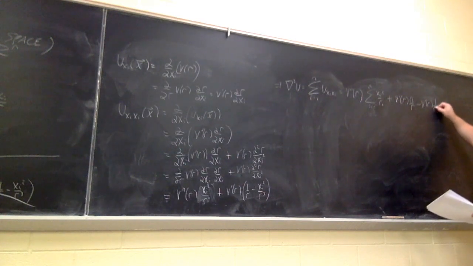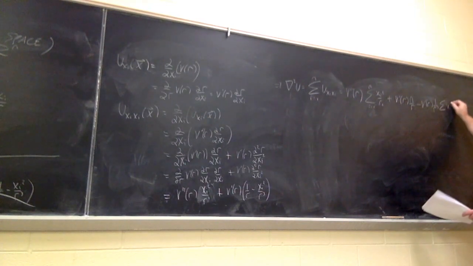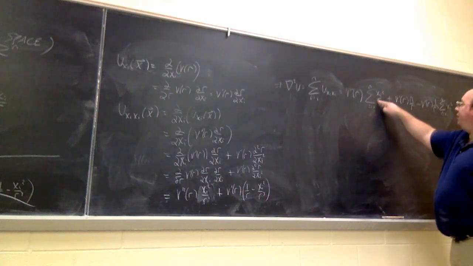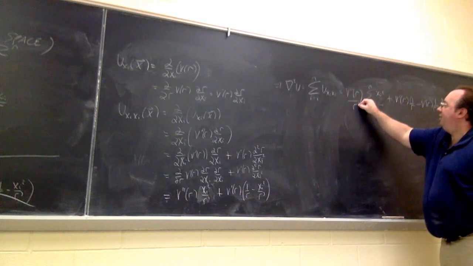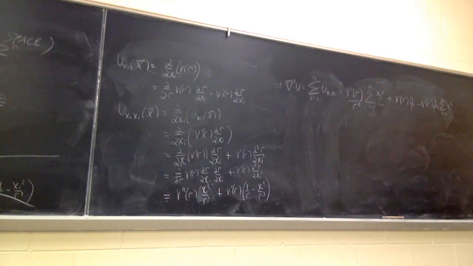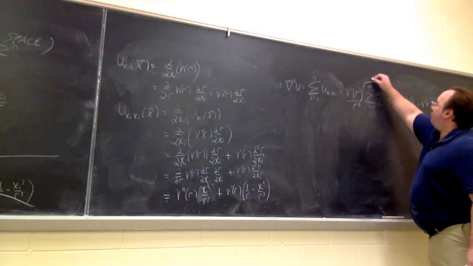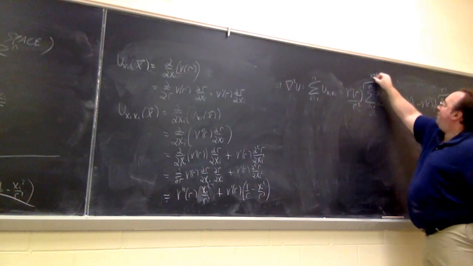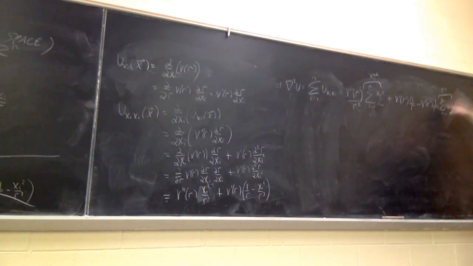I'm going to factor out the 1 over r cubed sum xi squared. And in fact, here too, r squared doesn't depend on i. I'm going to pull it out. Okay. But what's the sum of all the xi's squared? Almost. r squared. Yeah. So this is r squared. This also r squared. So these cancel, and this gets reduced to 1 over r.